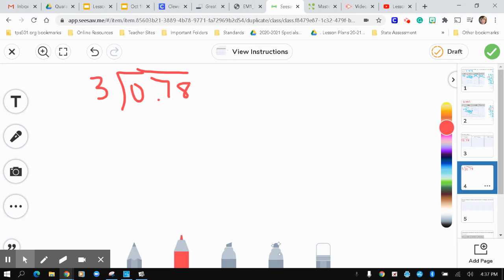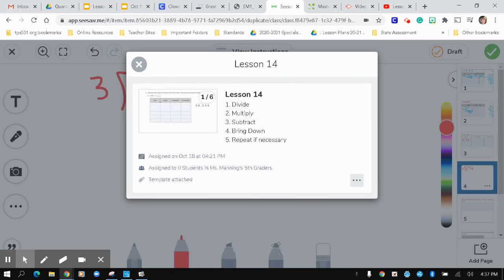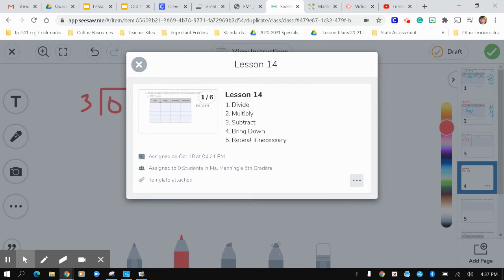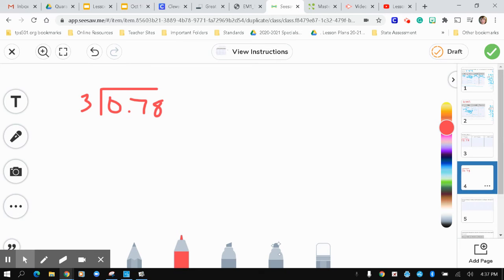Also, learn from my mistake. You can look at all the directions here. If you start solving it and you don't have any space to write up here, you need to undo that and give yourself space. You can also solve it on your whiteboard, leaving the instructions up so you could remember step by step, and then go ahead and copy your work onto here.